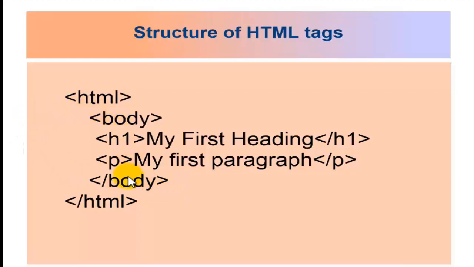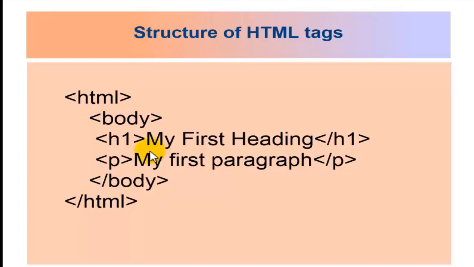What is the body tag actually? The content of the web page is the body. The content of a web page is totally inside the body tag. So we use the body tag to tell the browser that the things coming inside this tag, or nested in the body tag, you have to display on a web browser or web page.